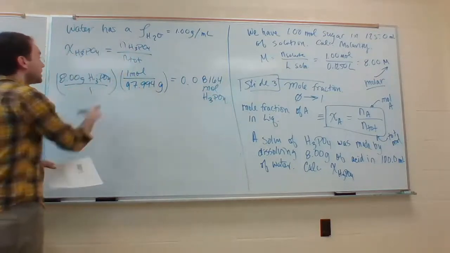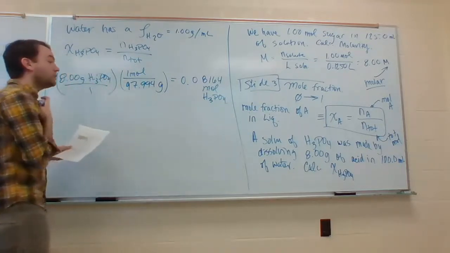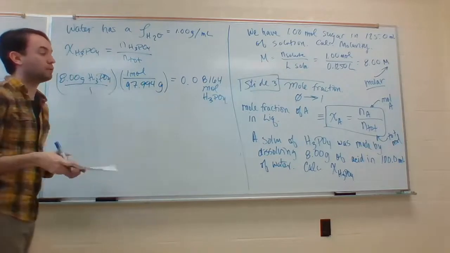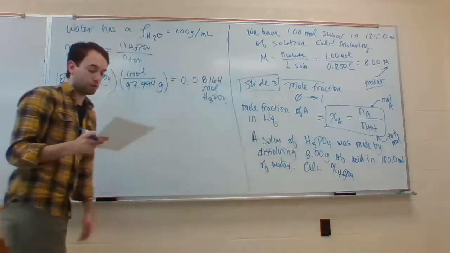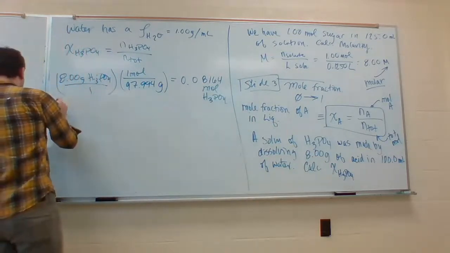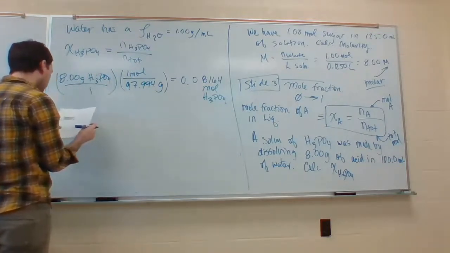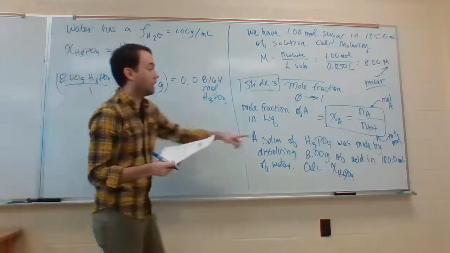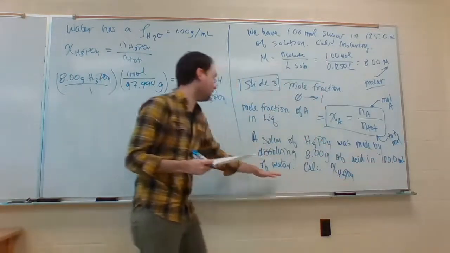The next thing we need to figure out is our total moles. In order to do that, we need to figure out how many moles of water we have in addition to our moles of the acid. Let's say we have 100.0 milliliters of water.